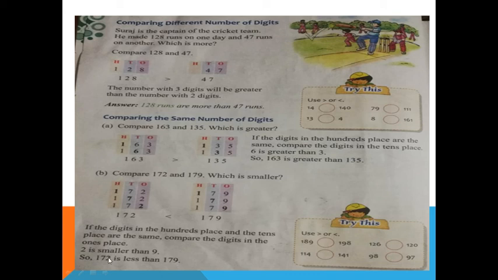So which number is big? Just think. Right, 9 is big. So 179 is big and 172 is less. So 172 is less than 179.